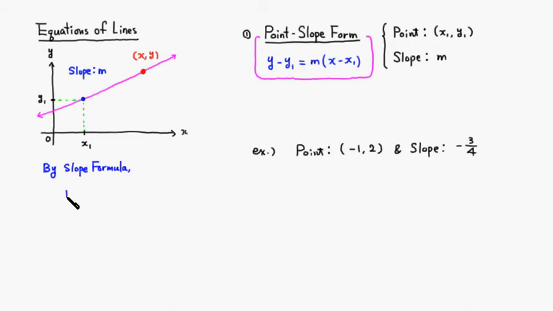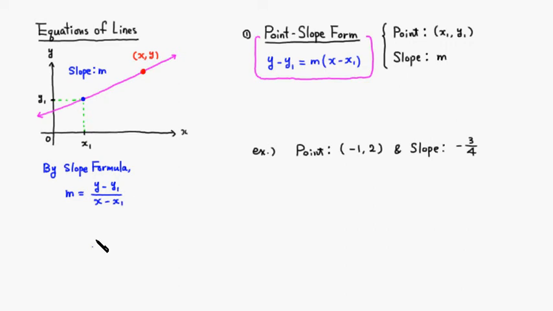The slope formula goes like m is equal to, and you can think of this as x2 comma y2, so it's going to be y minus y1, that would be the rise, over the run, x minus x1. This is just from the slope formula.